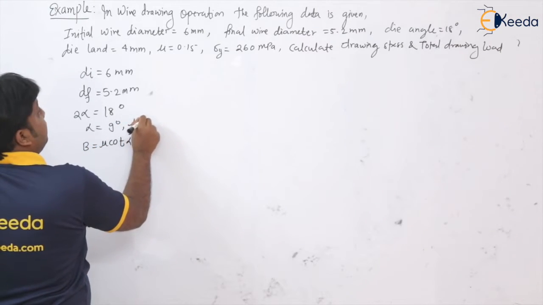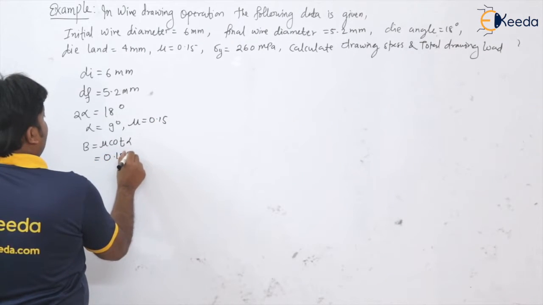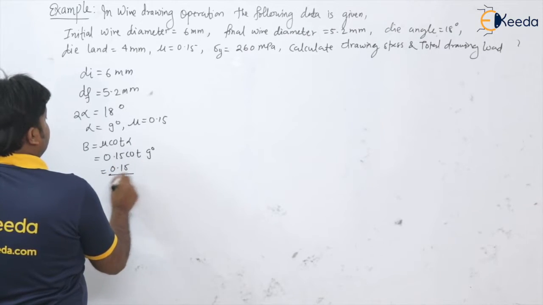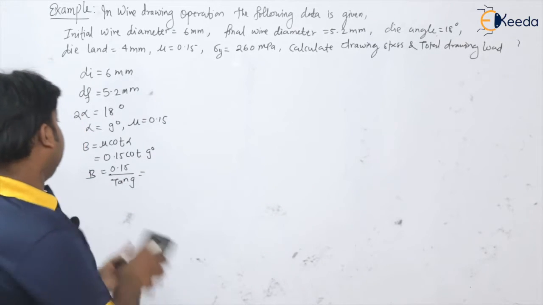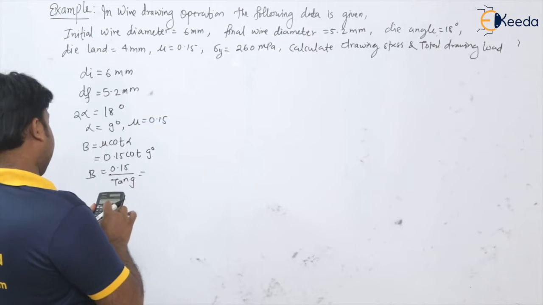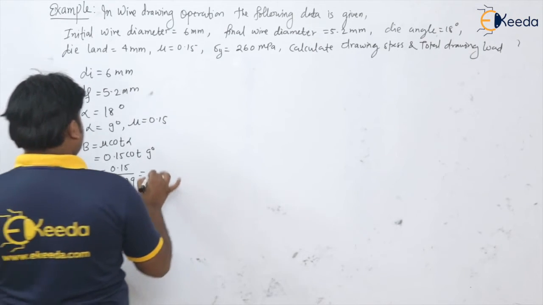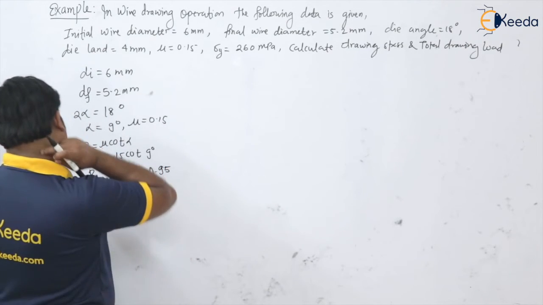Here friction is 0.15, so B is equal to 0.15 cot of 9 degrees, or 0.15 divided by tan of 9 degrees. We calculate it: 0.947, so we will take 0.95.